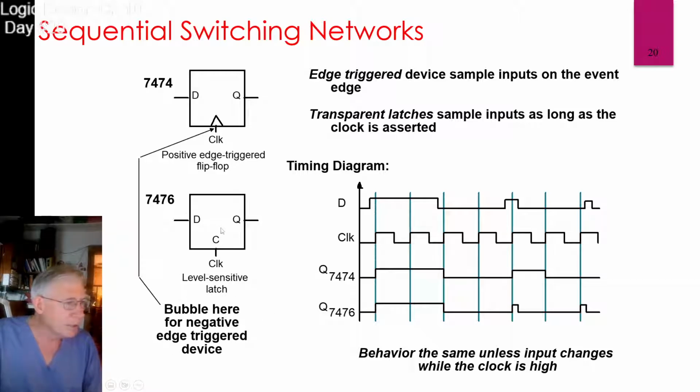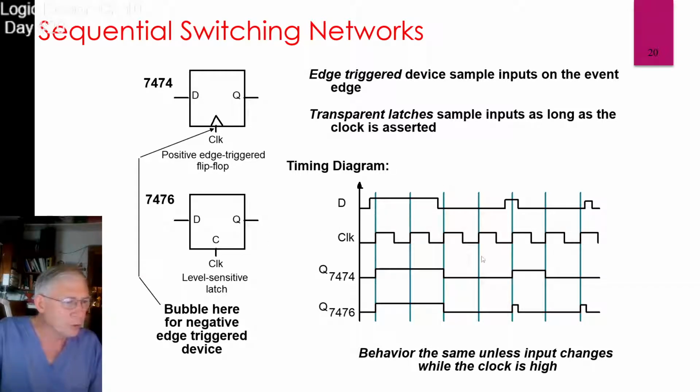In this case, the clock, when it's high with no bubble, allows any changes in D to be reflected in Q, minus a small propagation delay. Okay, so there is such a thing as a level clock, a level sensitive latch for a flip flop. We don't usually call it a flip flop exactly because there's no edge clock.